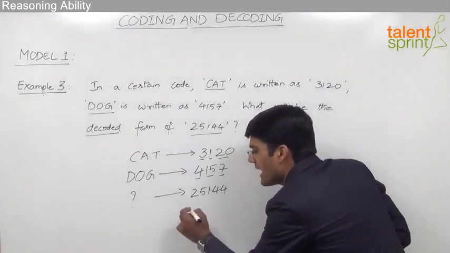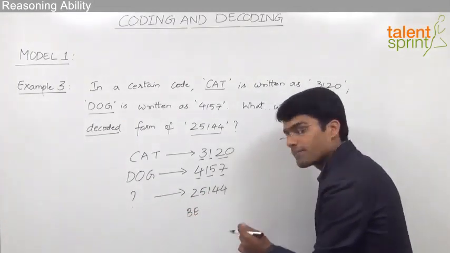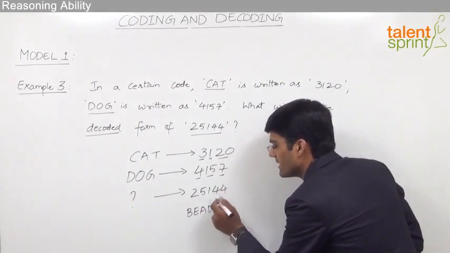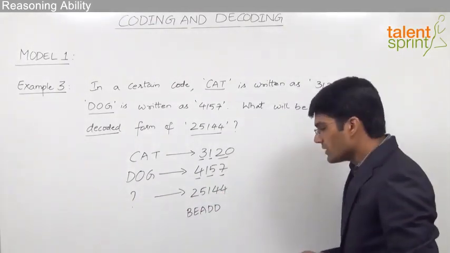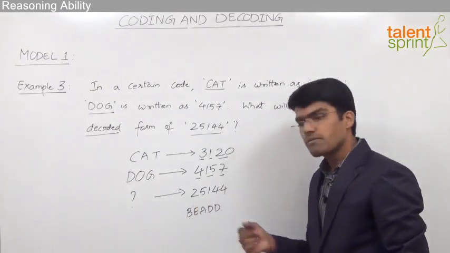2 can be taken as B, 5 is nothing but E, 1 is A and 4 is D, and next 4 is again D. So this can be the decoded form for 25144.